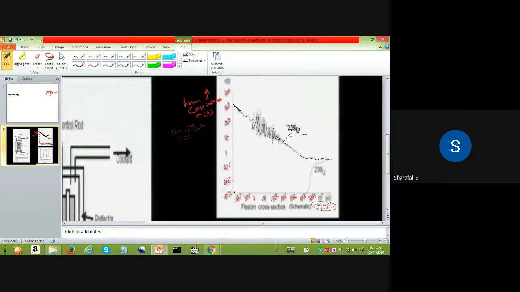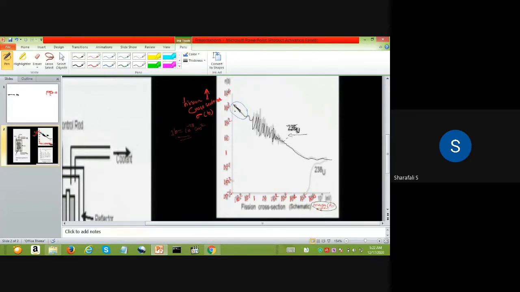If you consider around 10 raised to minus 2, 10 raised to minus 1, that is the thermal energy, a few electron volts only. I'm talking about this region, which has very small energy. Normally thermal energy is around 0.25 electron volt, etc.